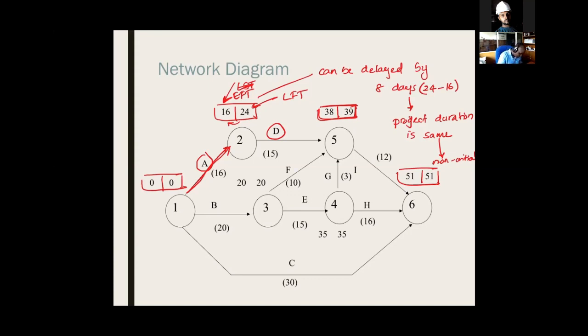Meanwhile, activity B, for example, it has to start at day 0. It has to finish at day 20 because these two values are the same. Here, these two values are the same, and these two values are the same.